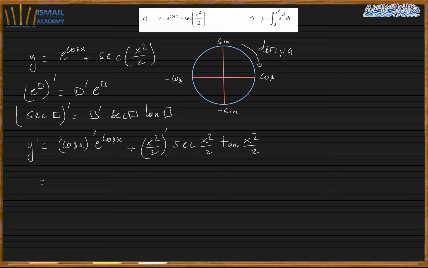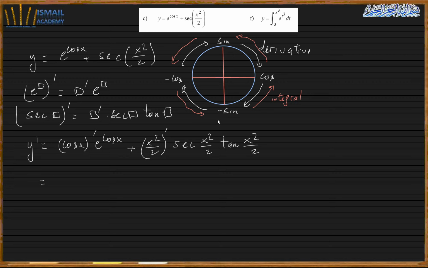Counterclockwise is integral. So the derivative of cosine is negative sine, and so on. If I use the opposite direction, this is the integral. So the antiderivative of negative sine is cosine, cosine is sine, sine is negative cosine.